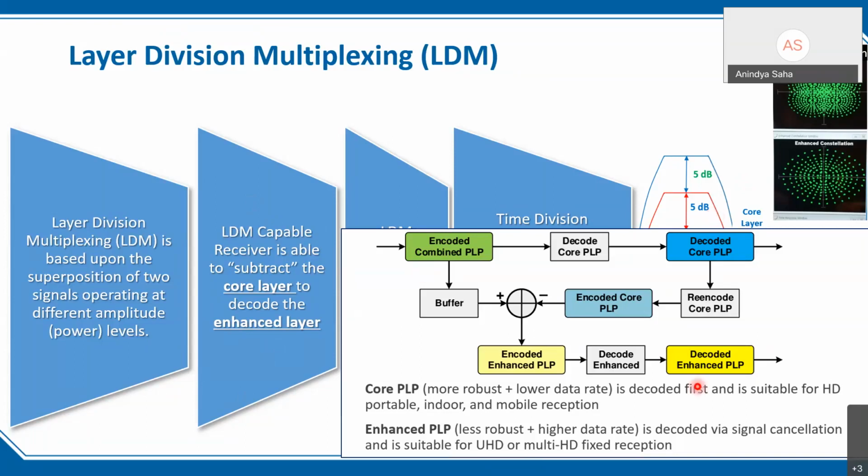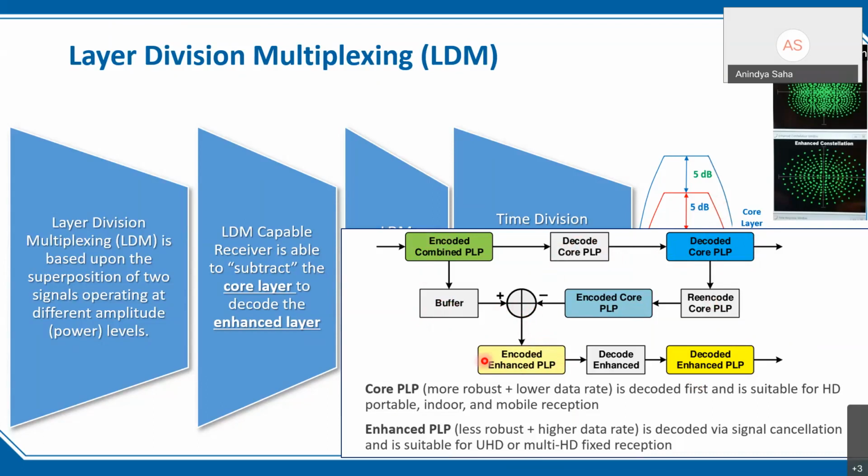What I'm showing here is a receiver where first the receiver will decode the core layer. This is what is shown as the decoded core PLP. Then it will re-encode it and subtract it from the input combined PLP to generate what is called the enhanced PLP, or you can also call it the bottom layer.